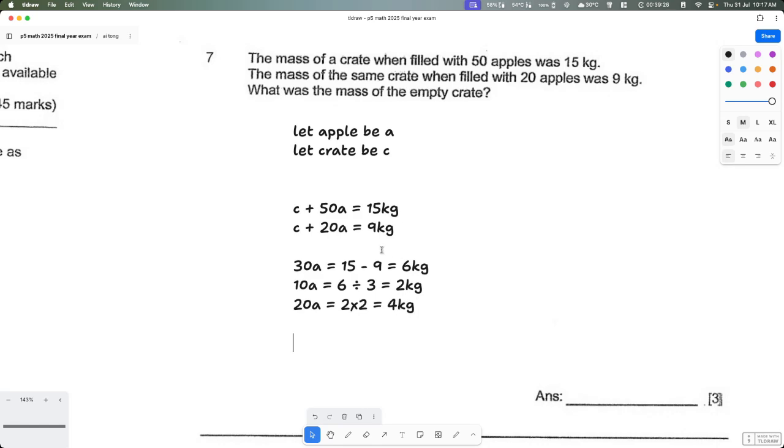So now we know the apples, we can just add in. C plus 4 kilograms is equal to 9 kilograms. I think this makes sense. So C is equal to 9 minus 4, which is 5 kilograms. That's it. The answer is 5 kilograms.